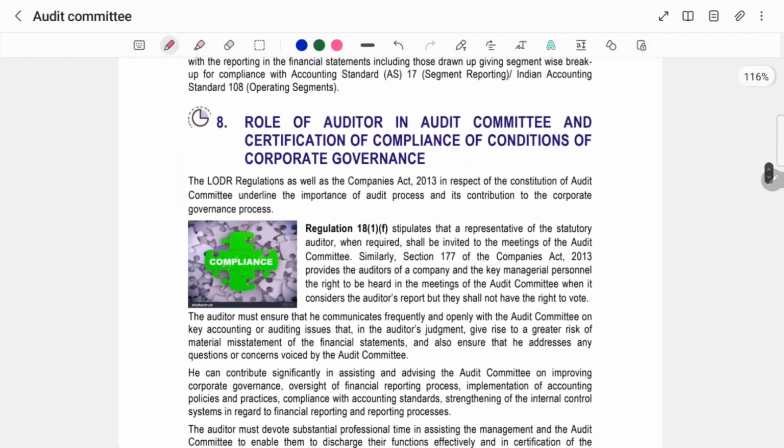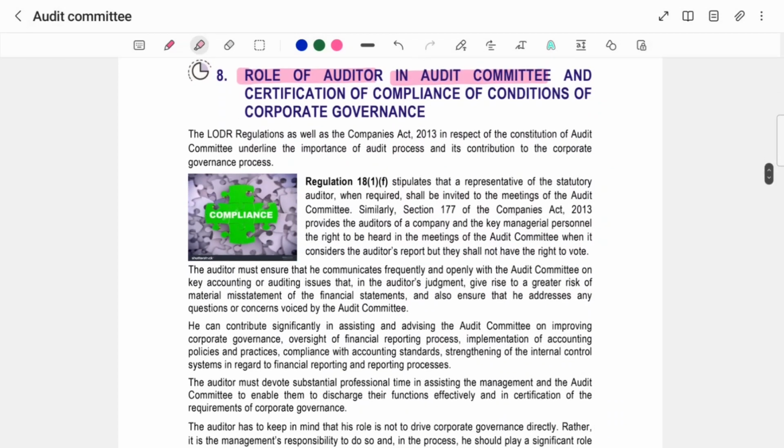Now if we come to the next point, that is role of auditor in audit committee. What is the role of auditor in audit committee? So now if we come here, Section 177 of the Companies Act 2013 provides that the auditors of a company and KMP have the right to be heard in the meetings of audit committee when it considers the auditor's report, but they shall not have the right to vote.